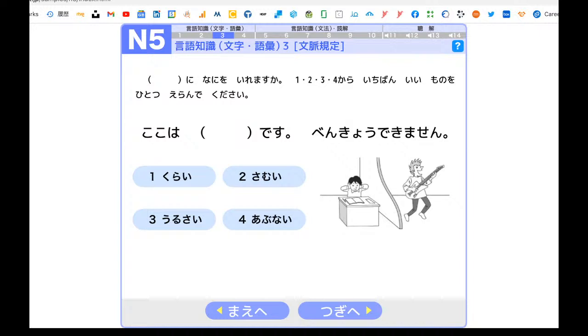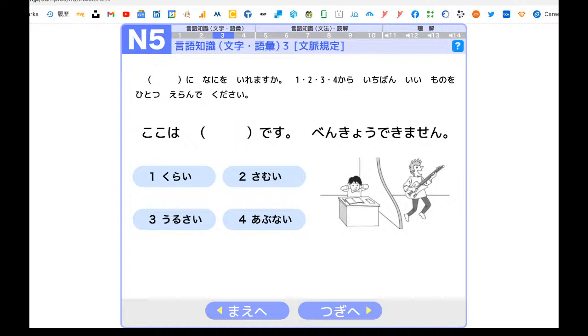So you need to describe this situation. Let's read out this sentence. ここは何々です。勉強できません。 Okay? ここはなんちゃらです。勉強できません。 So the last part is to complete the sentence. 勉強できません。 I cannot study.